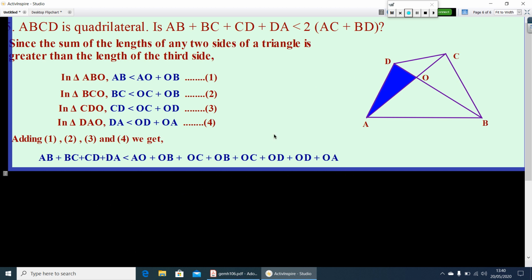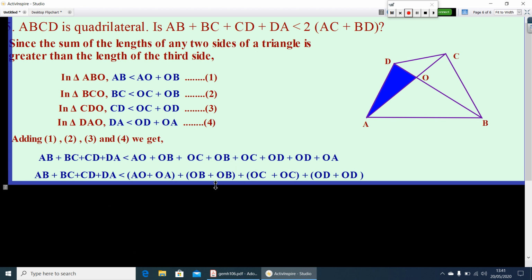Now here you can see AO and OA are both equal, so you can take them together. Similarly 2 OB and 2 OC. So we can write AB plus BC plus CD plus DA less than AO plus OA plus OB plus OB plus OC plus OC plus OD plus OD.